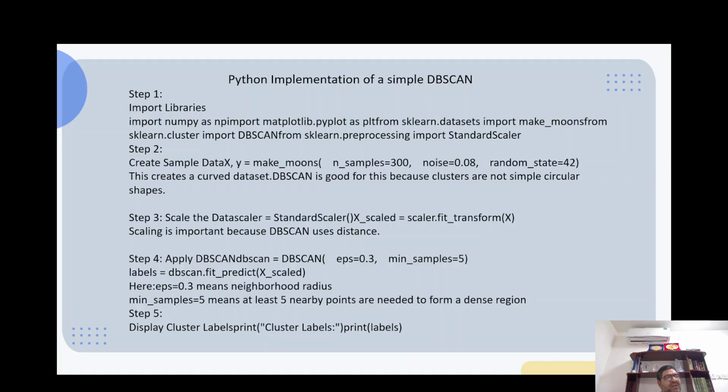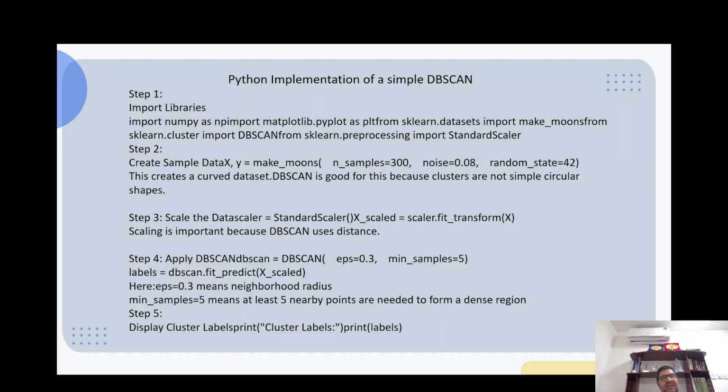Step 3 is to scale the data using the standard scaler, giving X scaled. Scaling is important because DBSCAN uses distance. Step 4 is applying DBSCAN.